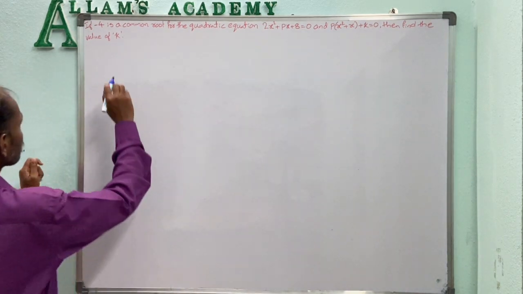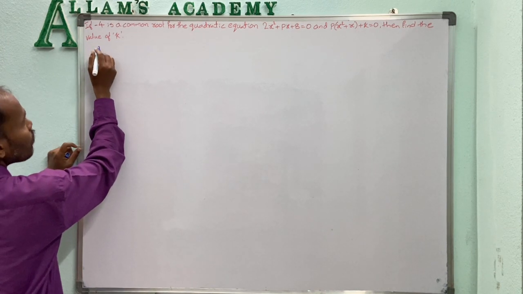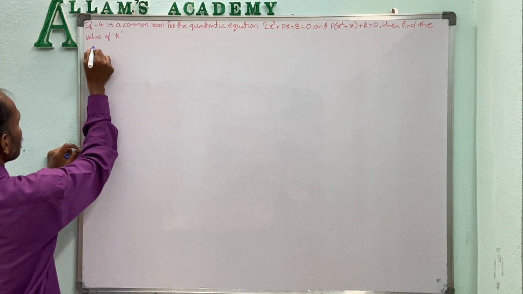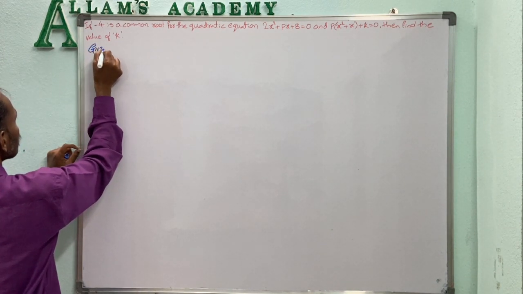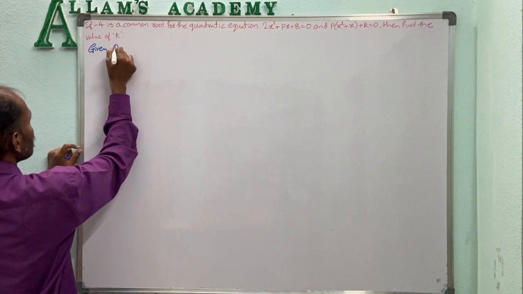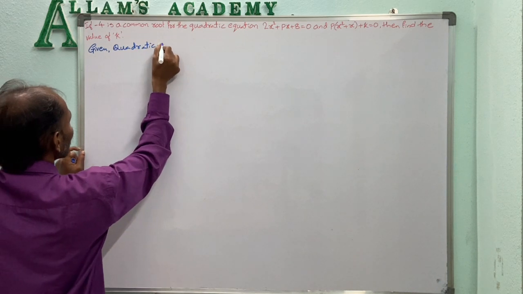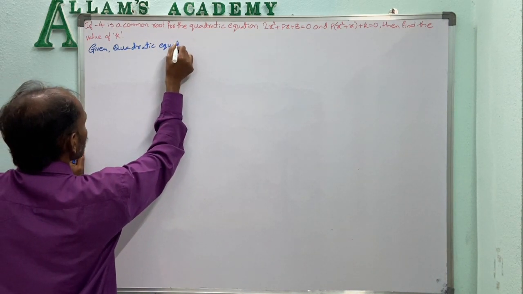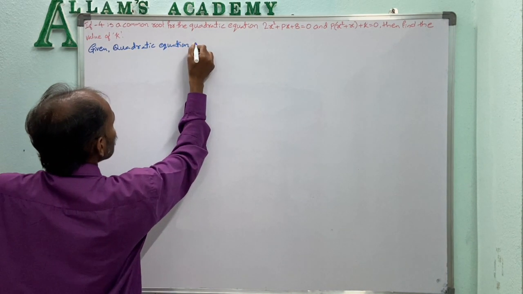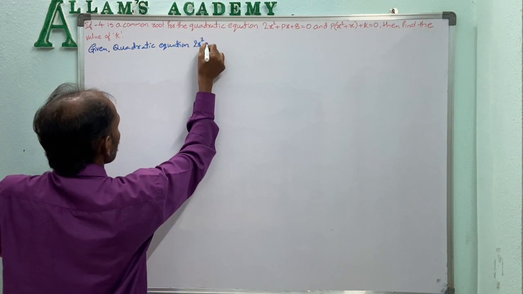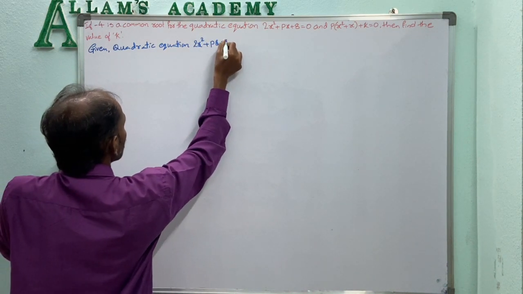Okay, so we take the first given quadratic equation, 2x square plus px plus 8 equal to 0.